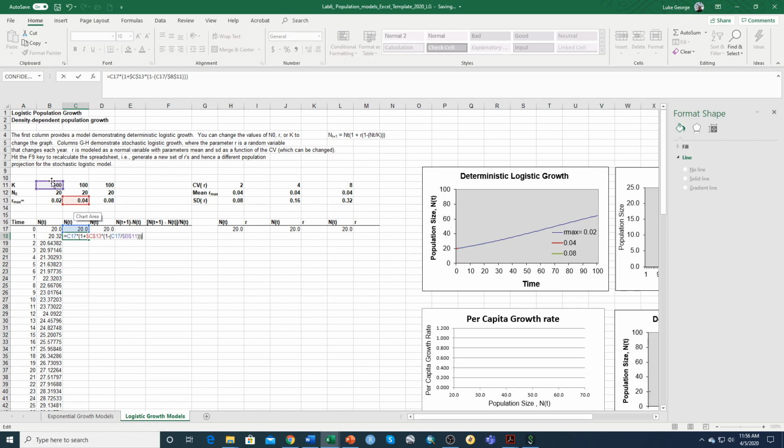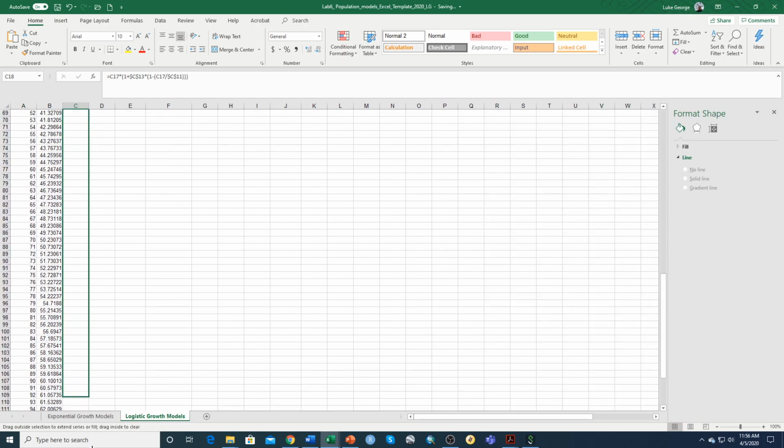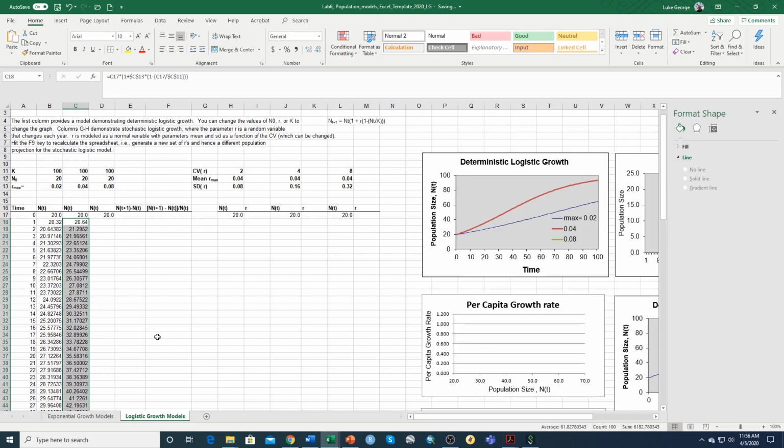We could leave that value of K the same, or we can change it. And now you see it's growing a little bit faster. We copy that down, and bingo. Now it's giving us our second logistic growth equation for those same parameters, except that our r max is 0.04.